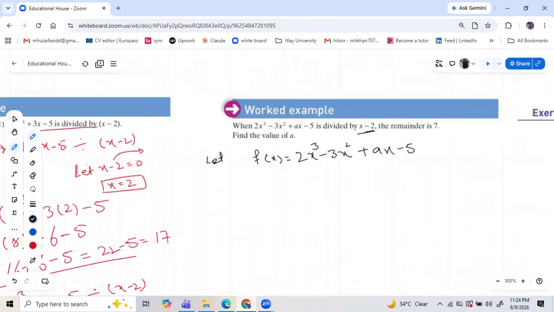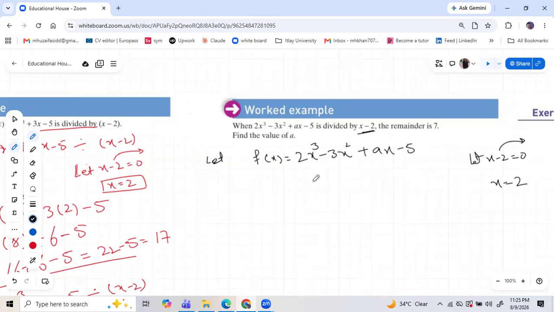So this is divided by x minus 2, let x minus 2 equal 0. So x is equal to 2, and the remainder is 7.